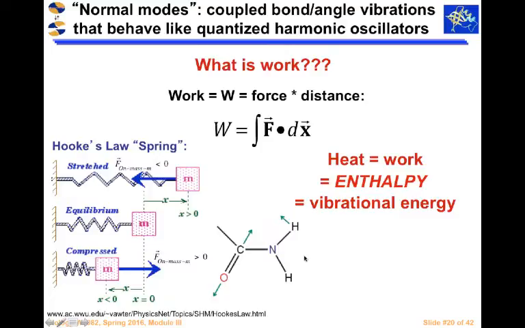In a given normal mode, there could be atoms that are moving barely at all and atoms that are moving a lot. The atoms that are moving a lot will be the ones where most of the energy of motion and the potential energy is stored. And so that localization of normal modes, the fact that most of the energy in some normal modes will be stored in vibrations of individual bonds or chemical groups, is one of the useful things about vibrational spectroscopy.